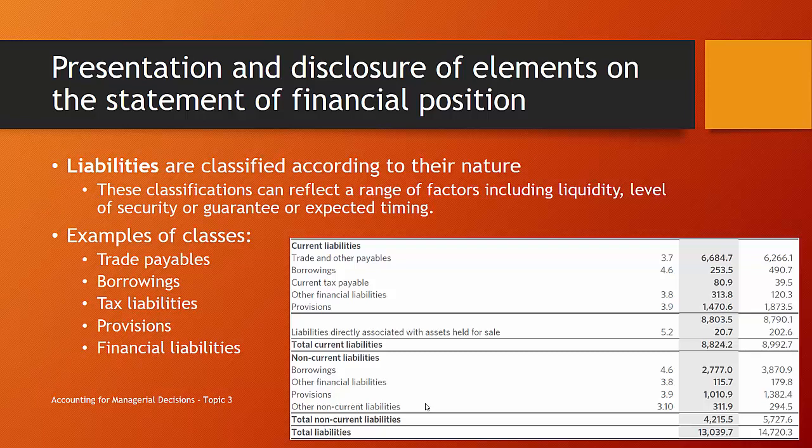They have a small amount of tax payable. They've got a reasonable amount of other financial liabilities, whatever they happen to be. And they have about $1.5 billion of provisions. Again, I haven't got the details to hand, but I would hazard a lot of that would probably be in relation to employee benefit provisions, leave provisions, and things like that. Again, you can get some clarity on that if you go to note 3.9.